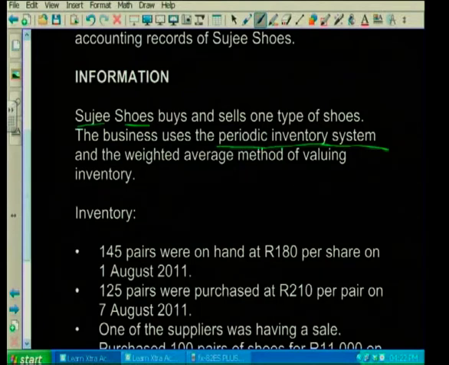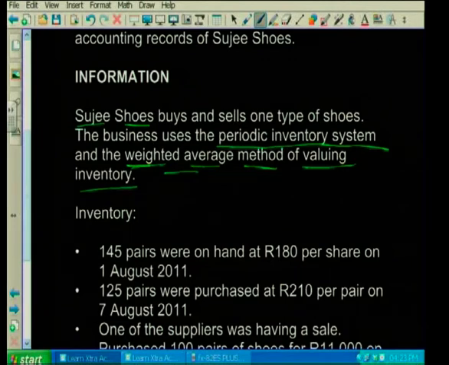Does it ring a bell? Certainly it does. And the weighted average method of valuing inventory. So the stock system we are using is periodic, and the stock valuing we are using is weighted average. Clear, guys? So now you know exactly what I am referring to.